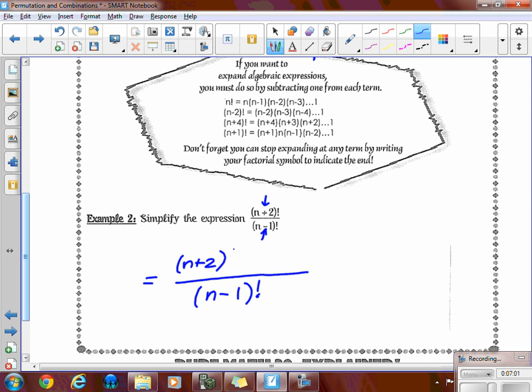N plus 2 is first. 1 less than that is n plus 1. 1 less than that is n, or n plus 0. And 1 less than that is n minus 1. There we stop, and that factorial is still there.